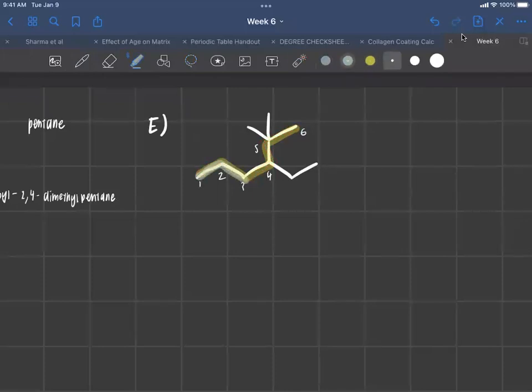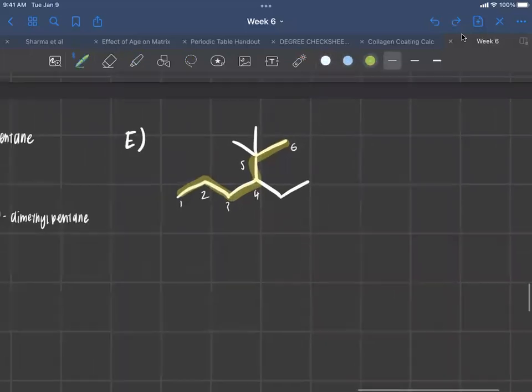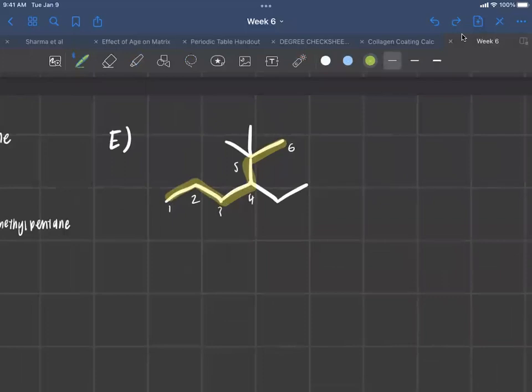If we did it to include, let's do a different color, let's just write it in maybe green. So if we did the linear chain, then we would have, let's see, again, 1, 2, 3, 4, 5, 6.